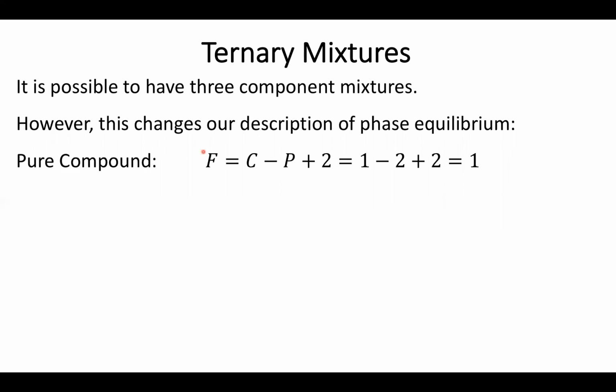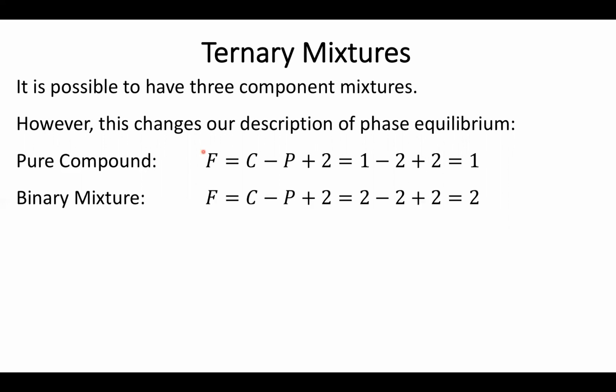However, as soon as I added a second component, things got a little bit messy. Because at this point, now I've got two different components, but I still am only going to have two phases. And this means we've got 2 degrees of freedom.